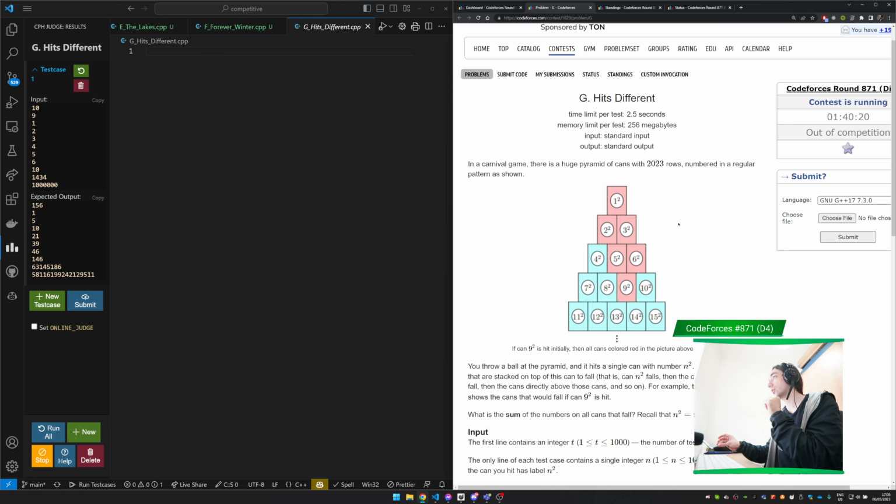This is a sum of consecutive, it's not really a sum of consecutive squares. So these are consecutive numbers: 1, 2, 3, 4, 5, 6, 7, 8, 9, 10.